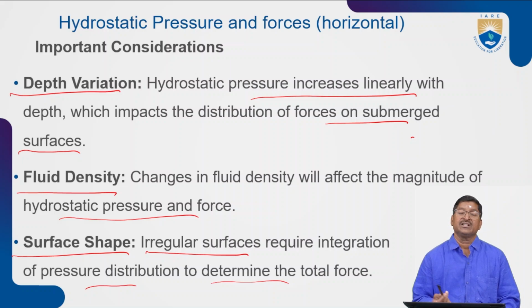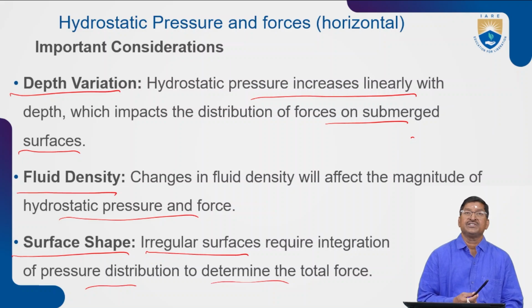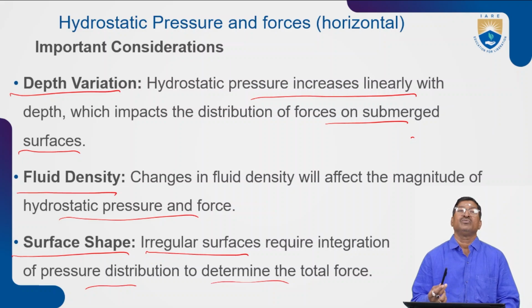As depth increases from the top surface of the fluid, pressure also increases. It is directly proportional, and fluid density is also directly proportional. If the fluid density is more, then the hydrostatic pressure also becomes more. So as depth increases, pressure increases. As fluid density increases, pressure increases.